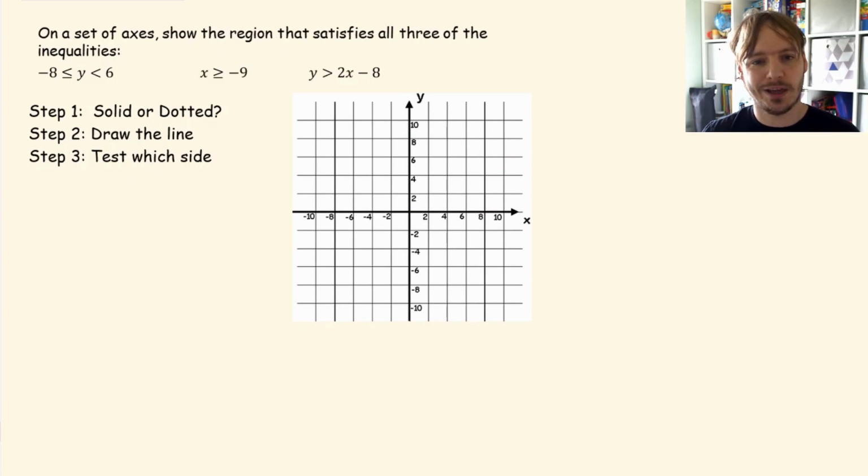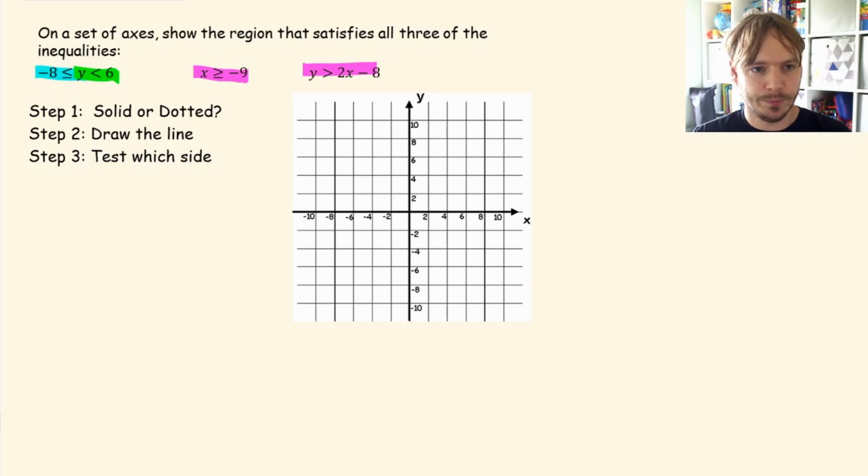This is more like what you'll see in an exam. So for this final question, we've got a bit more work to do. So instead of just having one inequality to draw on the graph, I've actually got this one here, and this first one actually splits into 2 different inequalities.